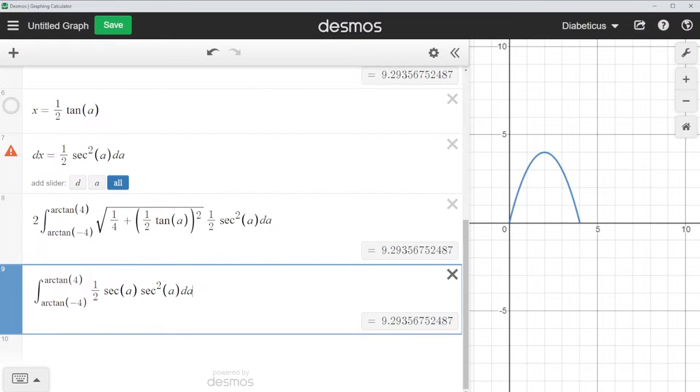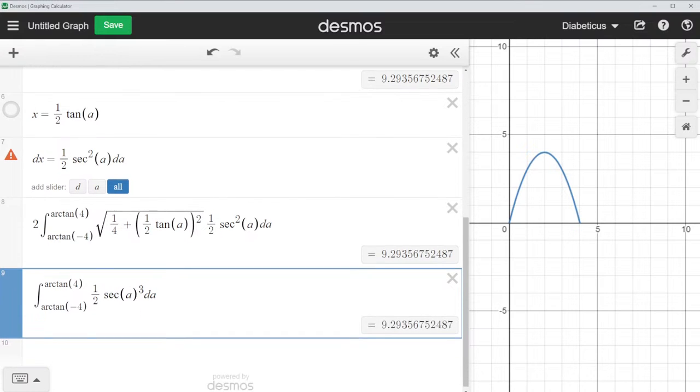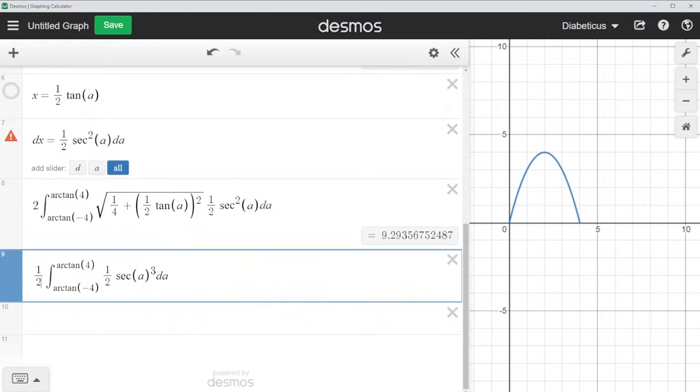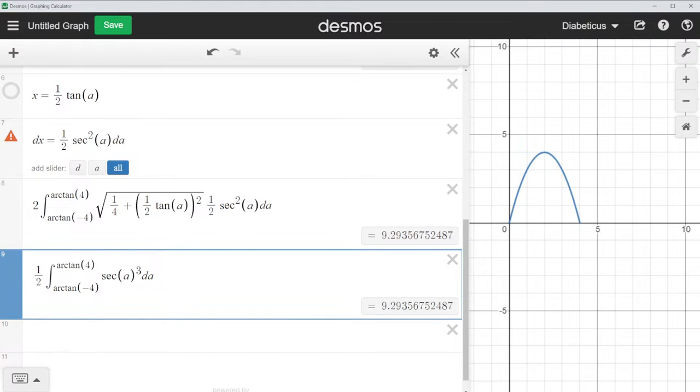So far so good. And I can see that our secant is like a cube here. So now we have 1/2 secant a cubed.